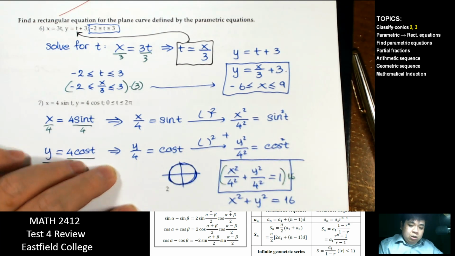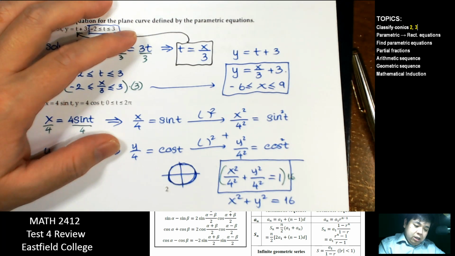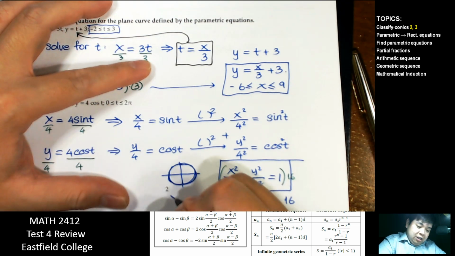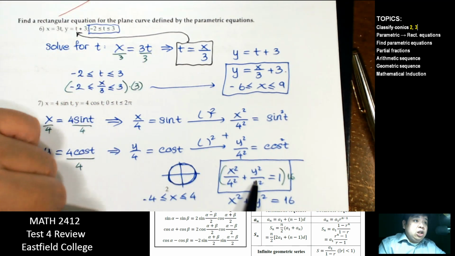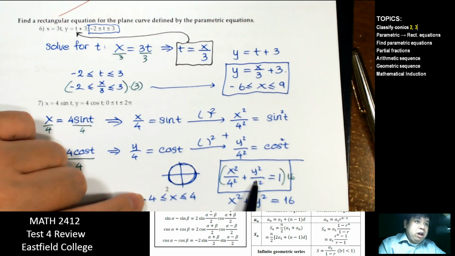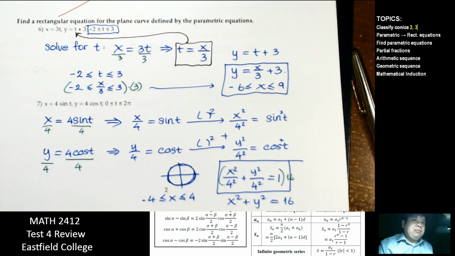So for that circle, we can say x is between -4 and 4, and so is y. So the parametric equation usually will go with the domain for the variable. So we should have the domain for either x or y. Right, so that's the question.